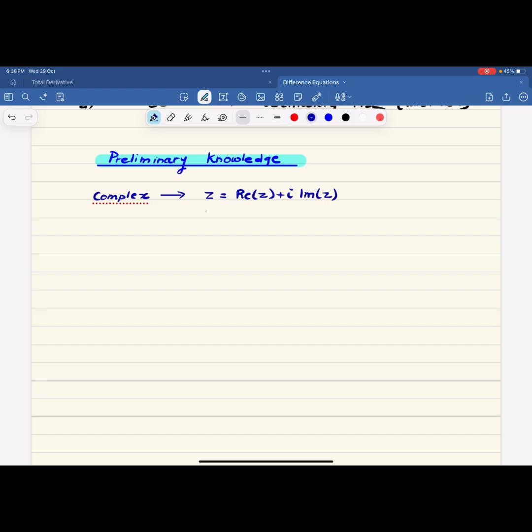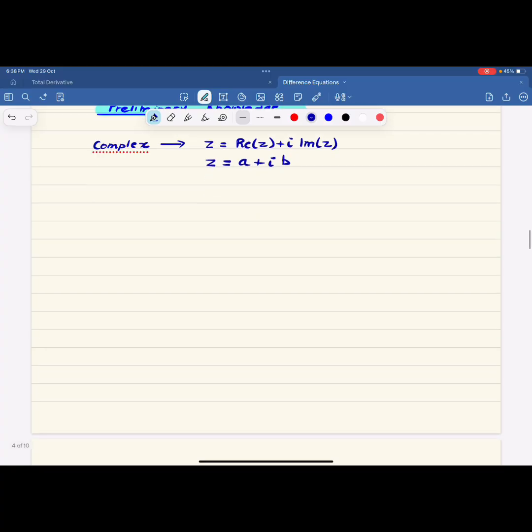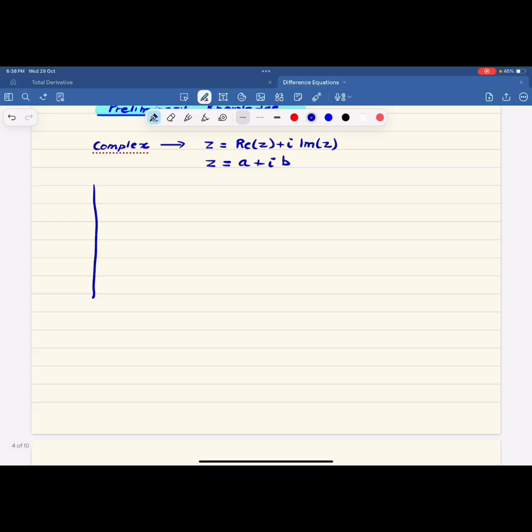The real part is A and the imaginary part is B. To visualize this, I can make a plane where the horizontal axis is the real part and the vertical axis is the imaginary part.